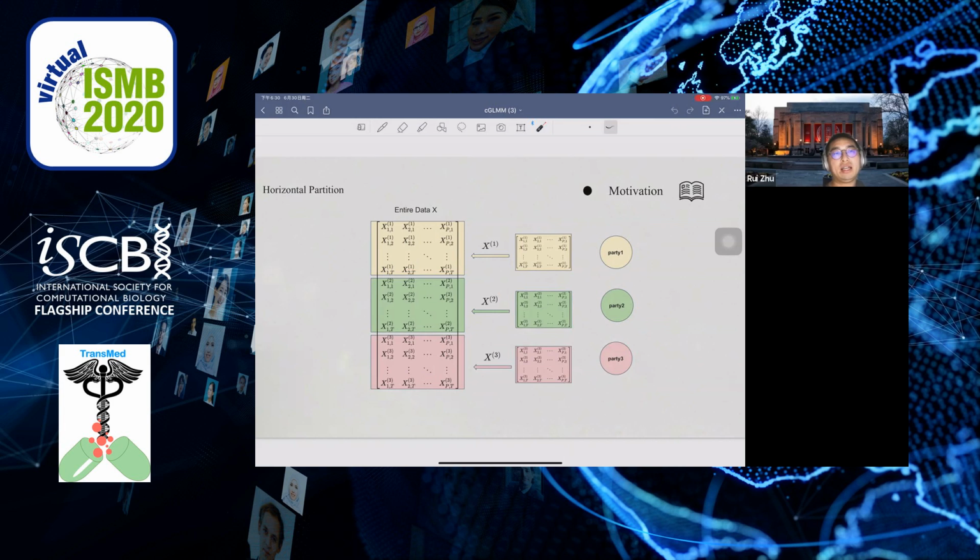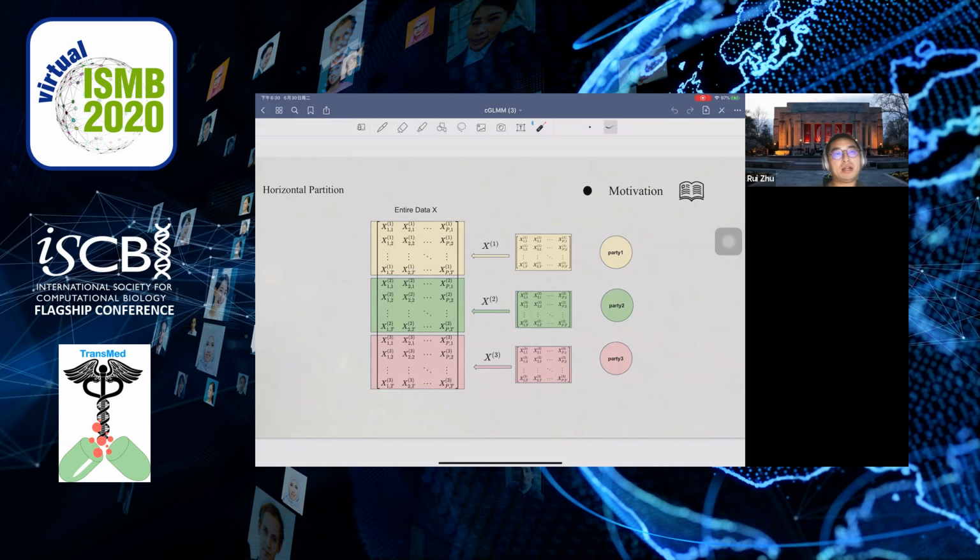More specifically, this scenario is so-called horizontal partition, where each party holds some private data. Those private data have the same features, for example, SNPs. They are a subset of the entire data X, but with different observations or records.